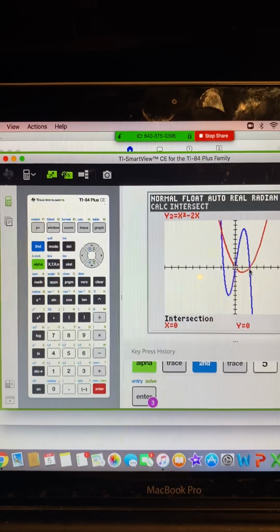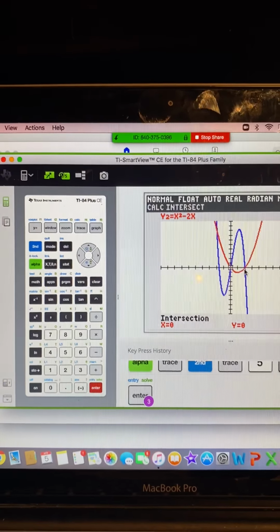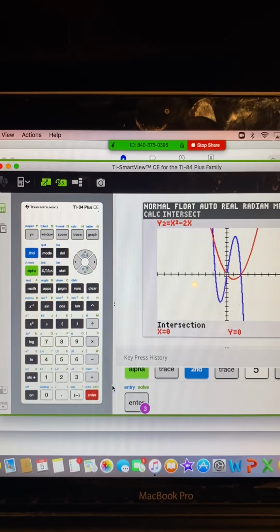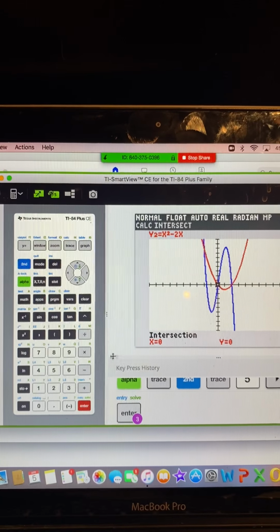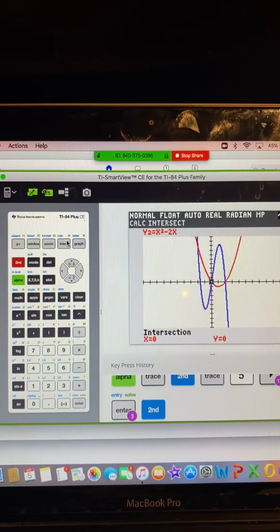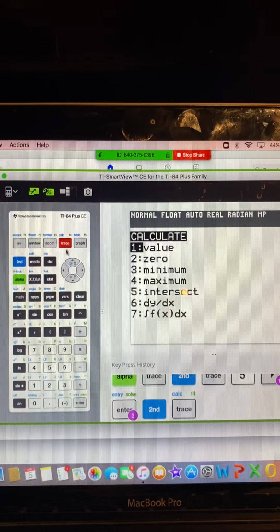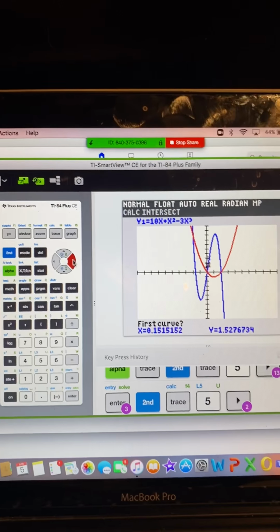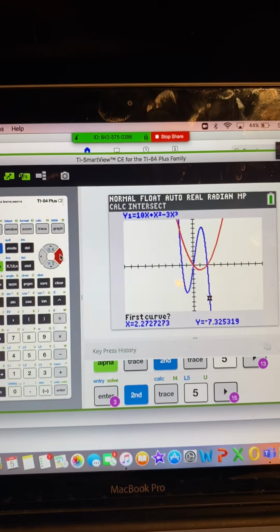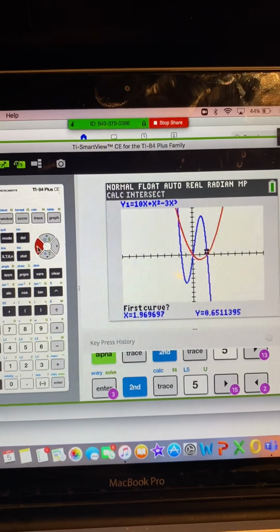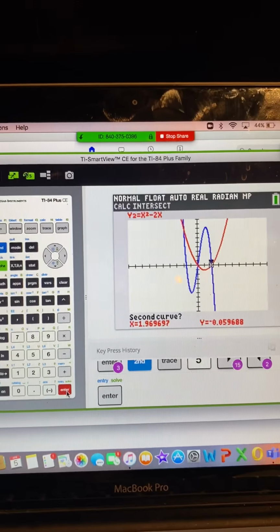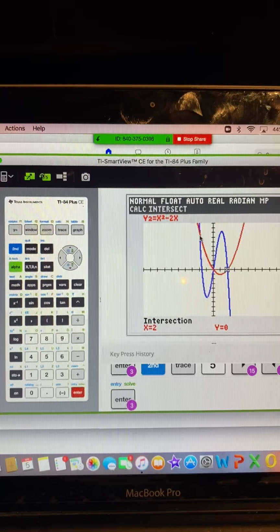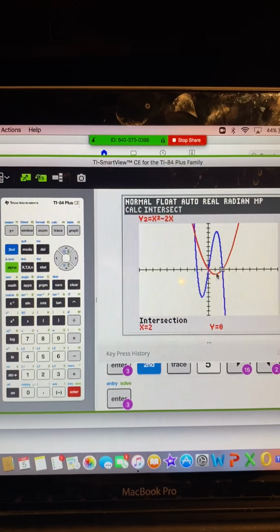Let's find the third point of intersection, which is probably going to be 2, 0. Second, calc, intersection, number 5. Let's take it over to the point of intersection, or close to it. Oh, I passed it. There, that's good enough. Enter, enter, and it's 2. So the intersections are at -2, 0, and 2.